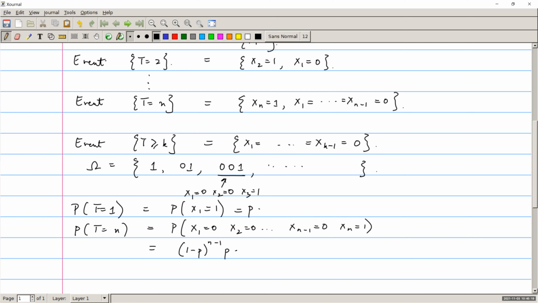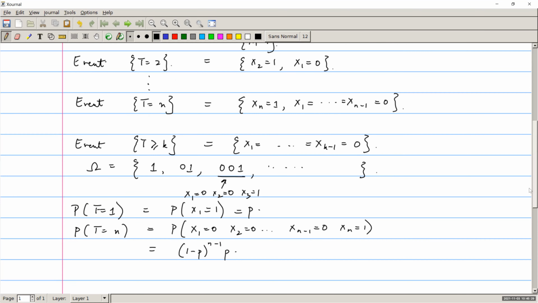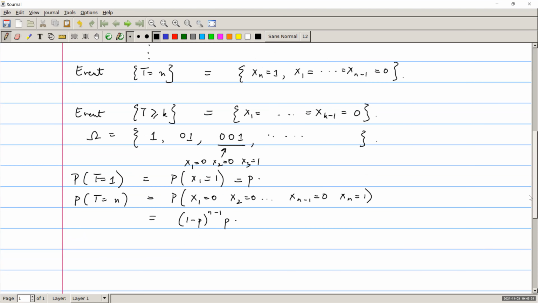Right, because they are independent, this is the probability that t equals n. And so these are the probabilities we assign to every outcome in the universe. The probability of the universe has to be equal to 1. And sure enough, this is p plus (1 minus p) times p plus (1 minus p) squared times p plus so on.